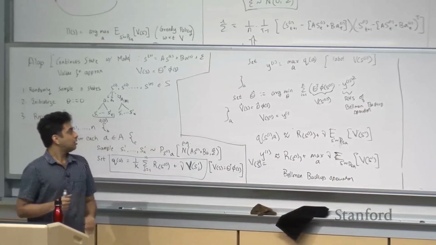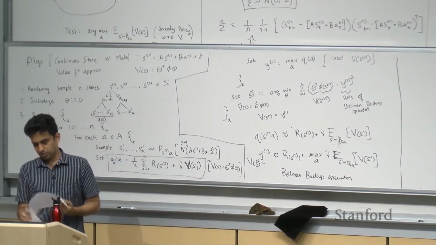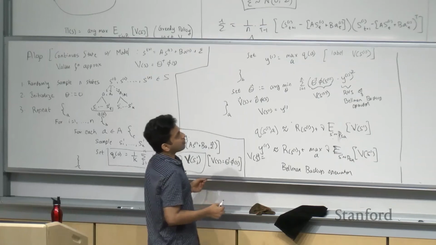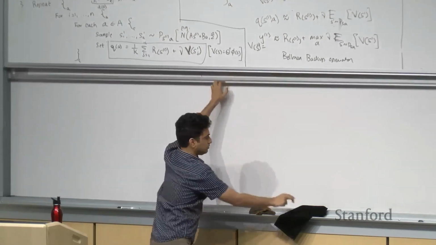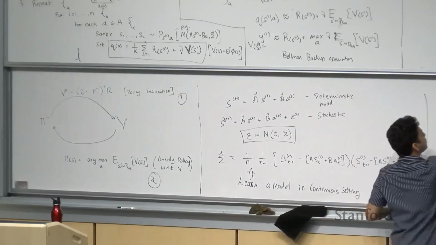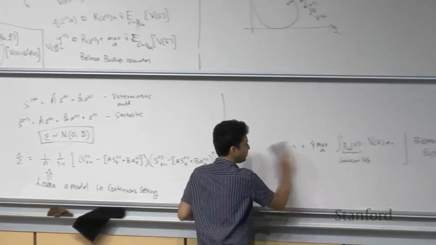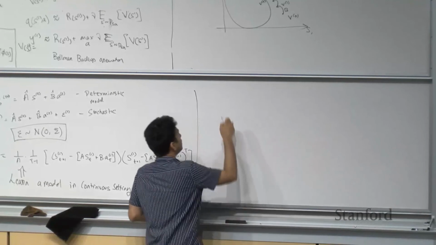So in reinforcement learning, in the broader space, we can think of two approaches in general. The two approaches are approaches based on value functions and approaches based on policies.